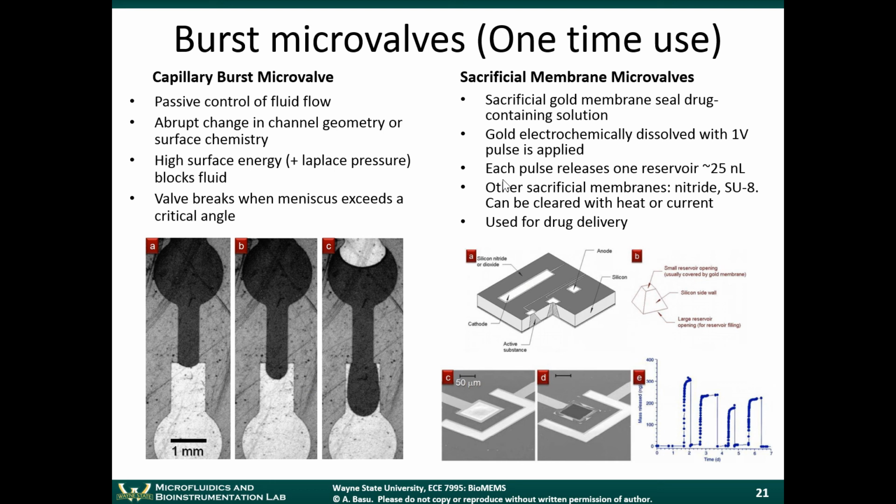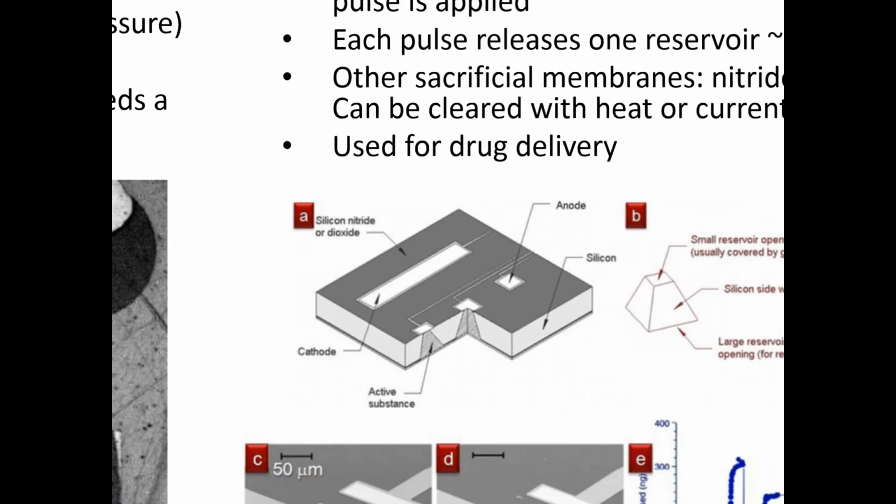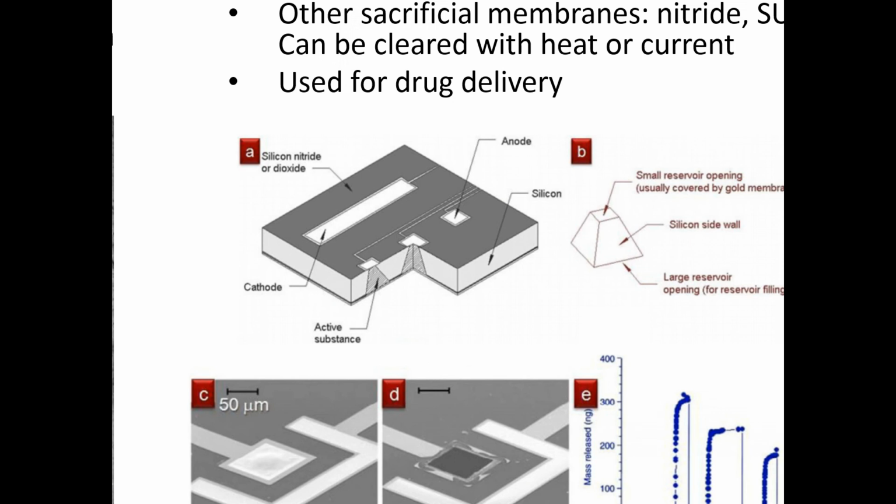The idea behind this is that you'd have a whole bunch of pits. So let's say you had a silicon substrate here, or whatever type of substrate, and then you had pits inside of it that were filled with drug. Now, when you wanted to deliver just one dose, like today's dose of the drug, you could basically break the membrane on top of it.